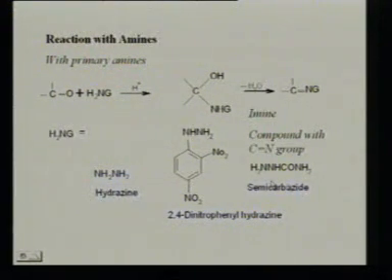These compounds also have a lot of applications, because they have a sharp melting point and are crystalline compounds, and we use them for making aldehyde and ketone derivatives which we need for the identification of aldehydes and ketones in quantitative inorganic analysis.